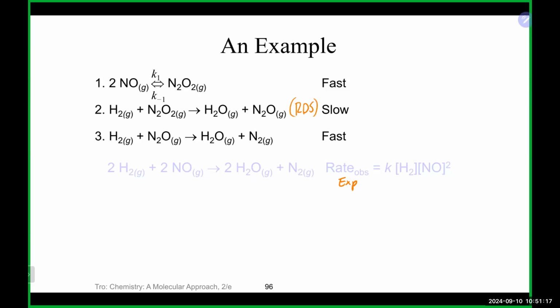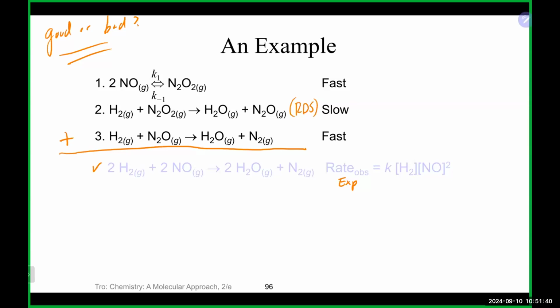So what that means is if we're looking at this mechanism, if we want to know if it's a good or bad mechanism, the two things that we need to make sure of is when we add up all the steps, it equals this overall reaction. So we'll start with that. We're going to take all 3 of these steps in this case, and we're going to add them together.